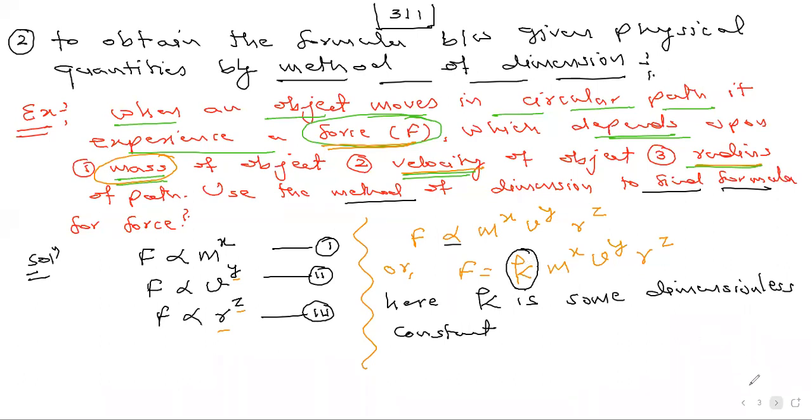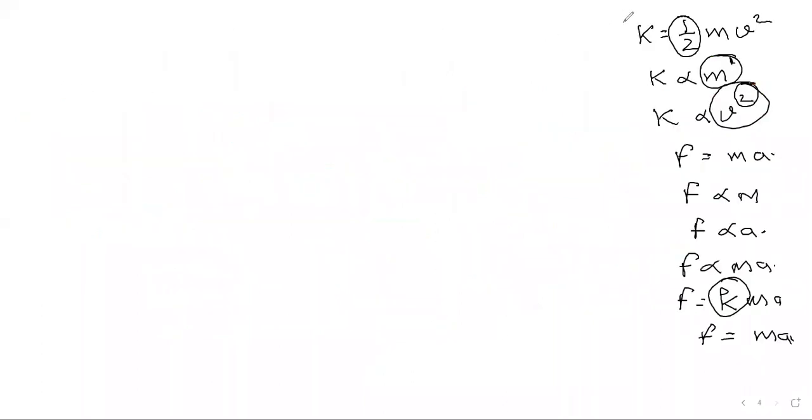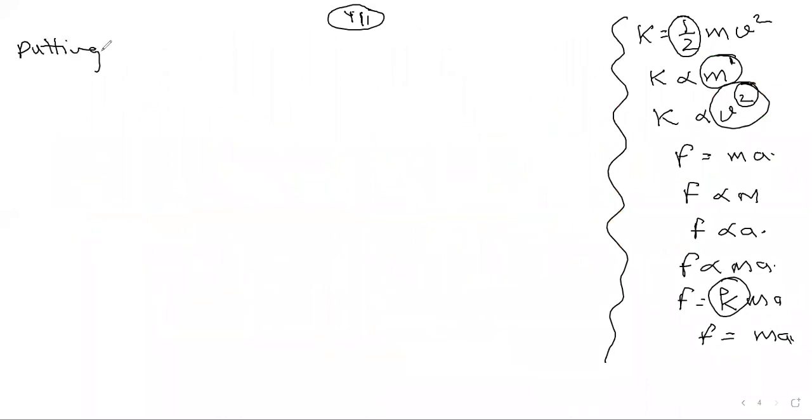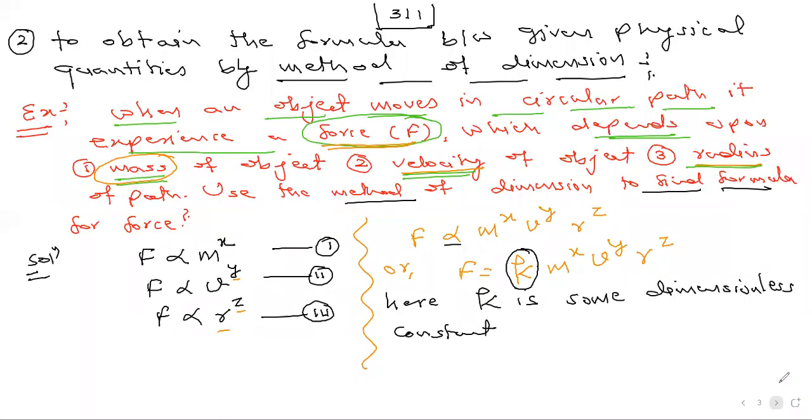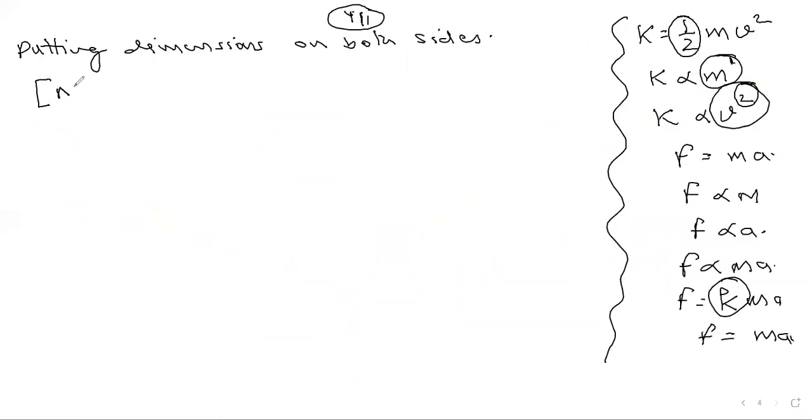Now see what I am doing. We are putting dimensions on both sides. This is page number 4. Putting dimensions on both sides. So LHS is force F, and force is M L T to the power minus 2.